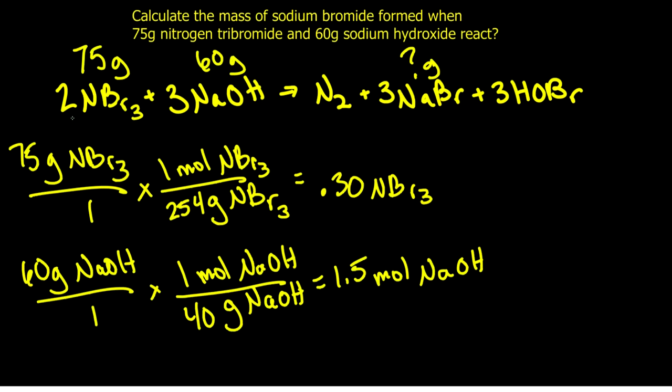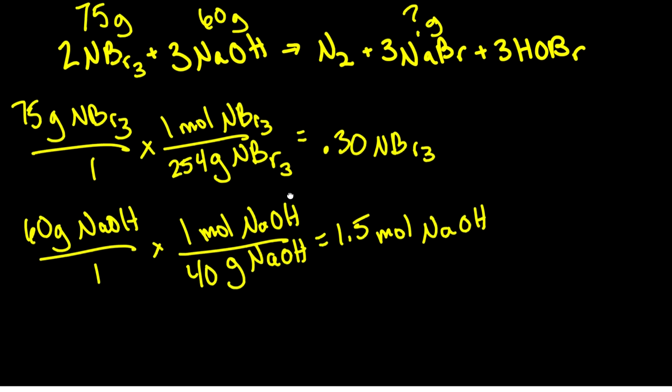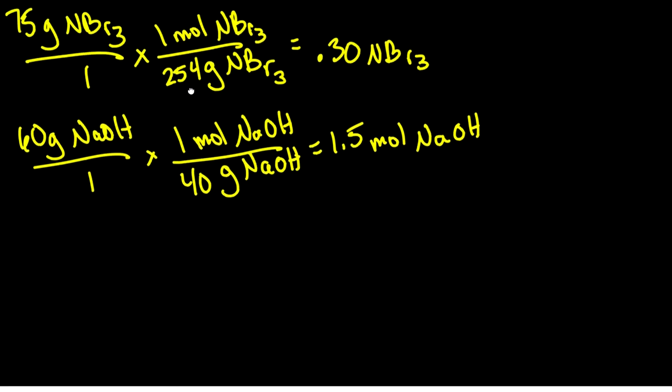So a quick look at my ratio says I should have 2 nitrogen tribromides for every 3 sodium hydroxides. So let's do our dimensional analysis and see if we actually have that. So I'm going to start with nitrogen tribromide. How much sodium hydroxide will I need to fully react 0.3 moles of nitrogen tribromide?